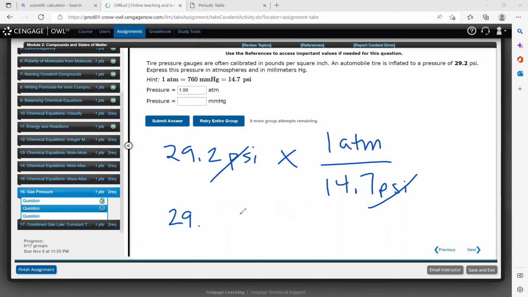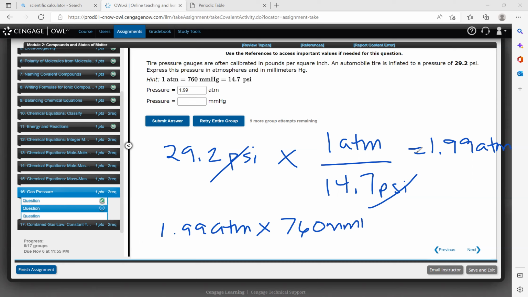Because now we have our answer in ATM, I'll take the easy way. Now what we'll do is 1.99 ATM times 760 millimeters of mercury over 1 ATM. ATMs cancel out.